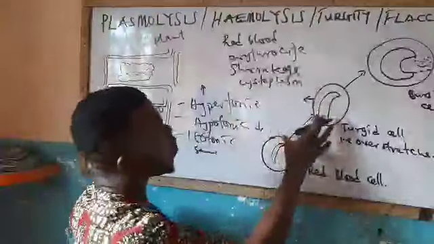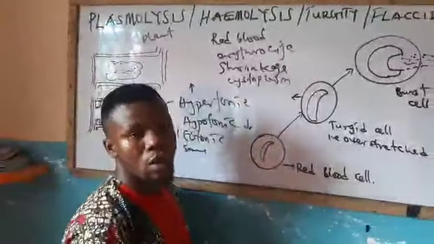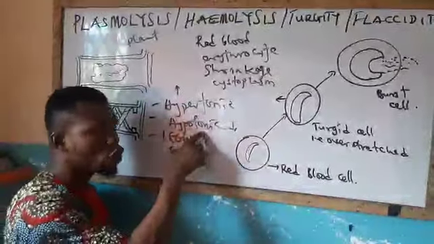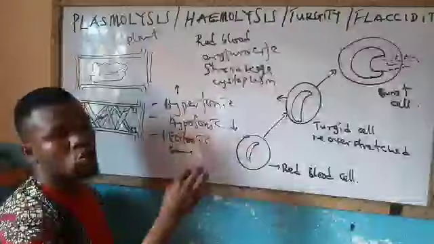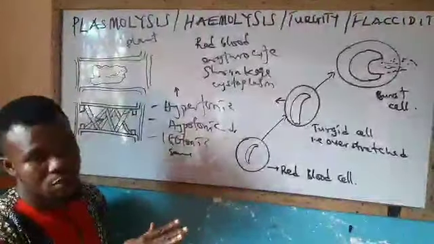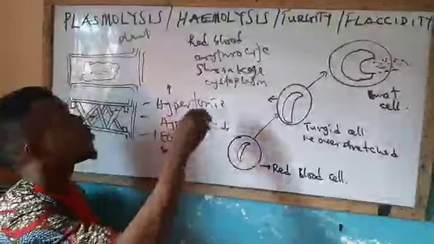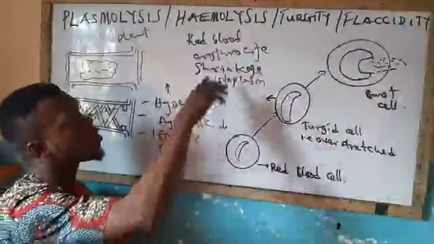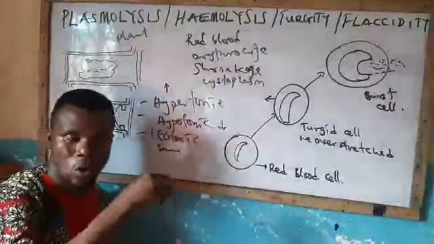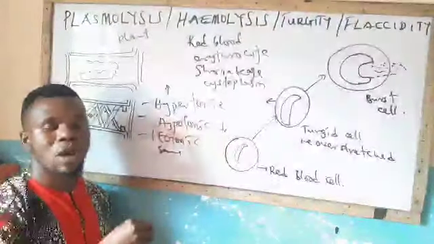In the case of hemolysis, the cell is placed in a hypotonic solution, that is, a solution with normal or lower concentration. If I drop a cell, a red blood cell precisely, inside water with lower salt or sugar, what will happen?